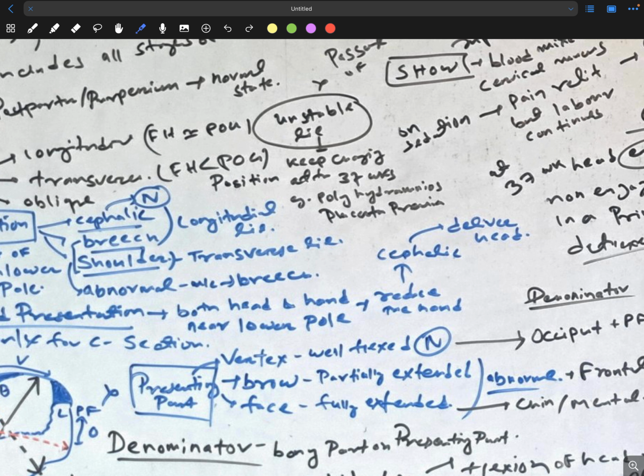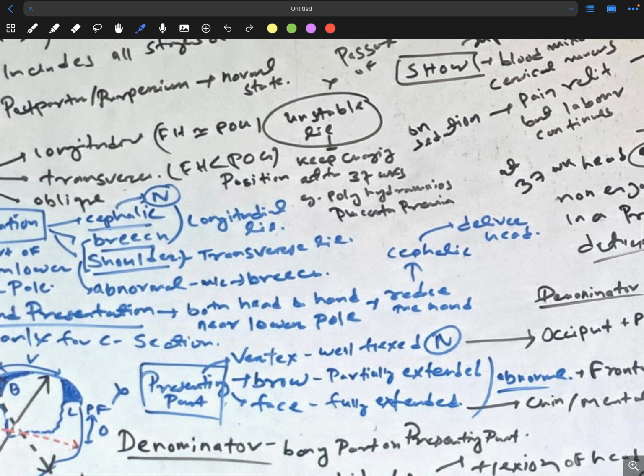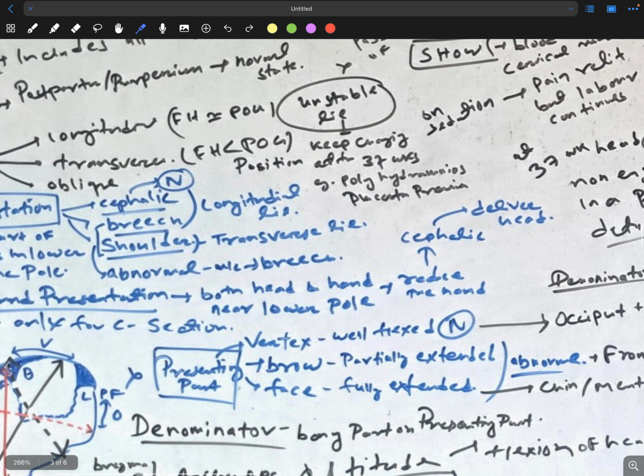So here we will see unstable lie, polyhydramnios, placenta previa. In case of polyhydramnios, there is more fluid, so the baby moves more. Therefore it keeps changing position even after 37 weeks. In placenta previa, what is the fate of the baby? If the baby is not present in cephalic position, it rotates and comes to cephalic position.